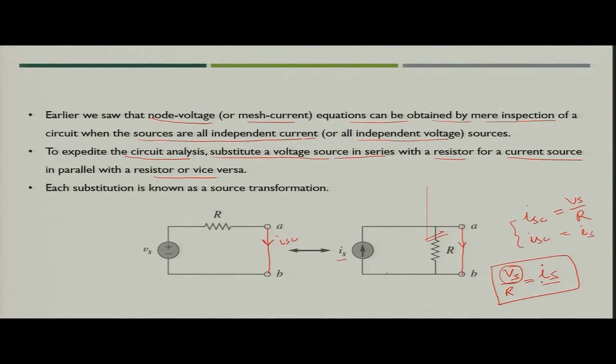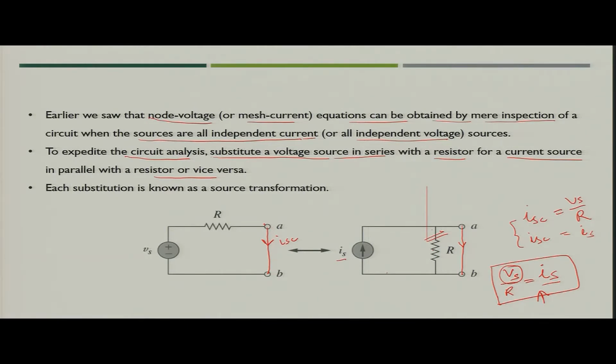So, what we got? We got the voltage relationship as well as resistance relationship. For resistance relationship, we tried to find out the equivalent resistance across the terminals, and for the current and voltage source relationship, we just saw when we short circuit A and B, what would be the value of the current flowing through the short circuited terminal.